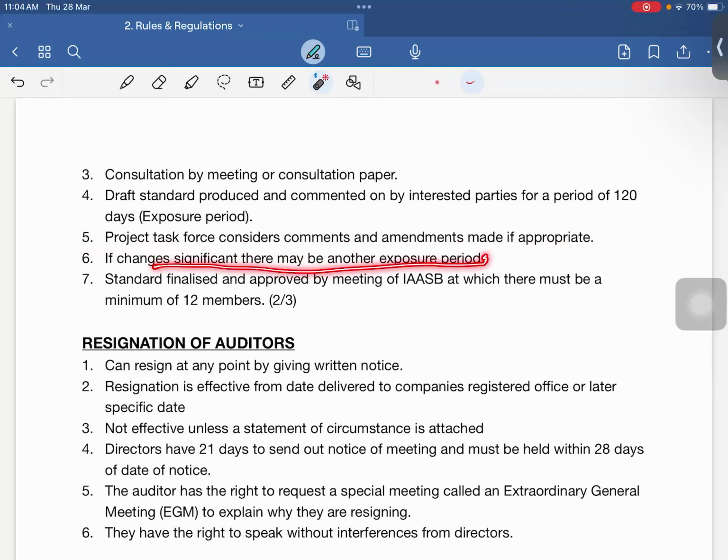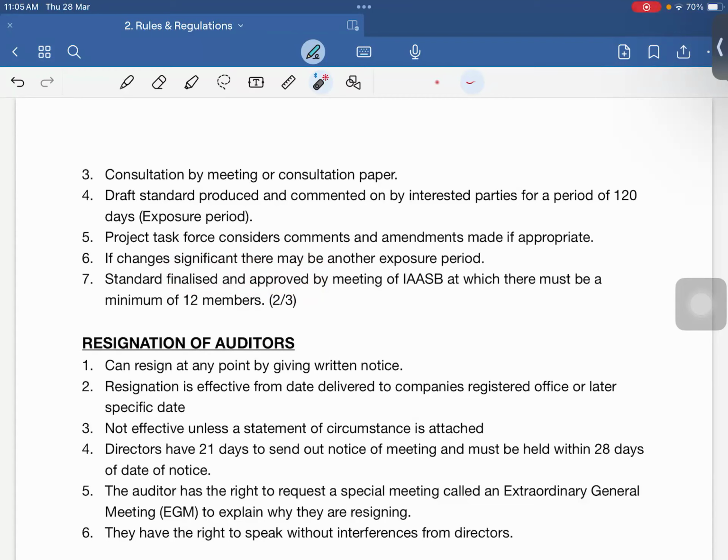Clear? Now, once the standard is finalized, it is going to be communicated with the IASB. That is, the project team is going to communicate with the IASB. And this is going to be approved, finalized and published after the nod of 2/3 members of the IASB.